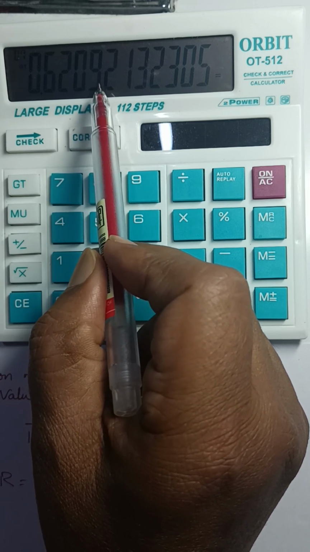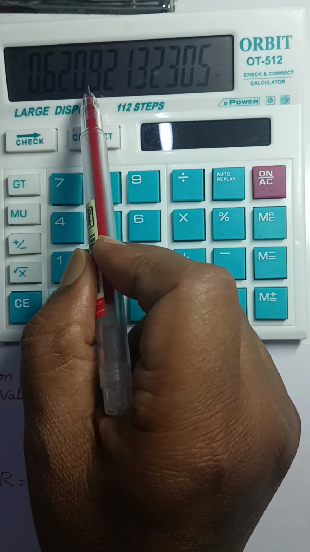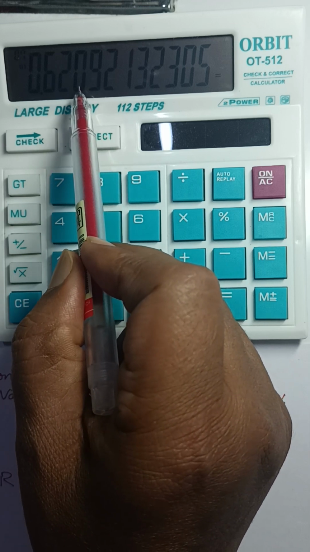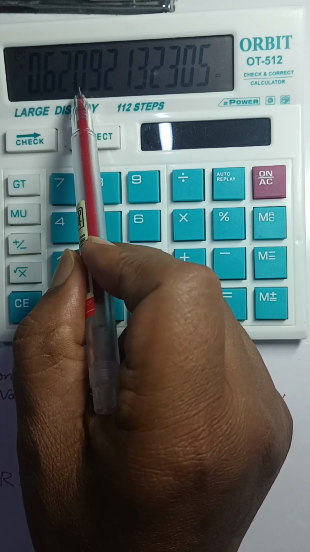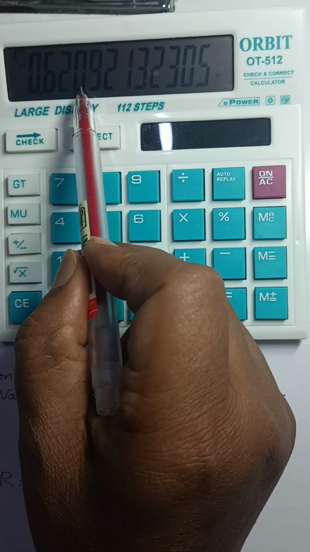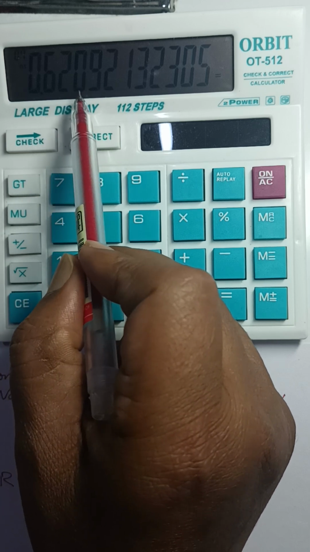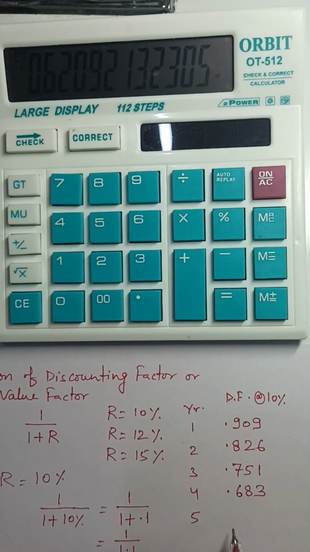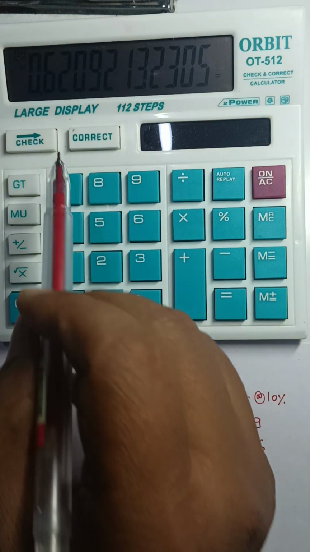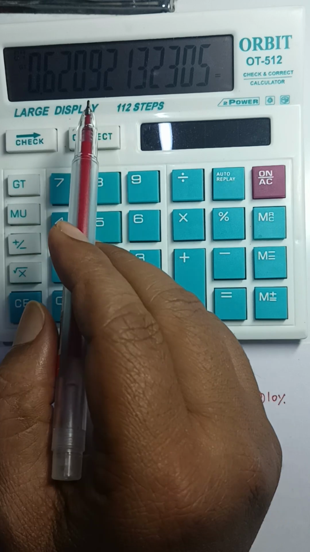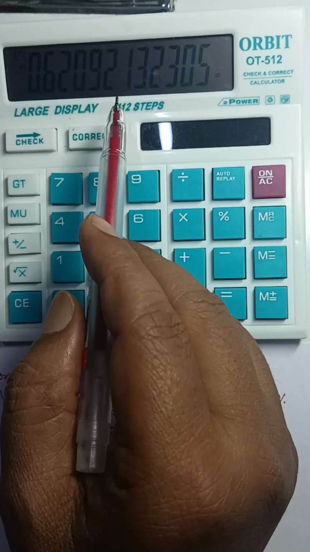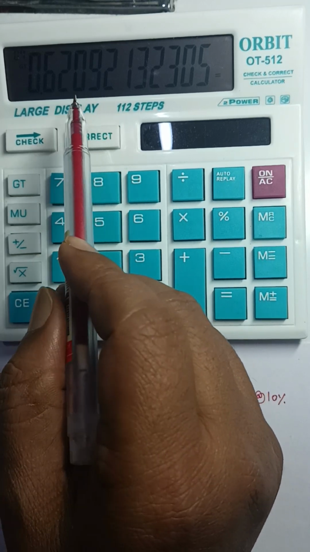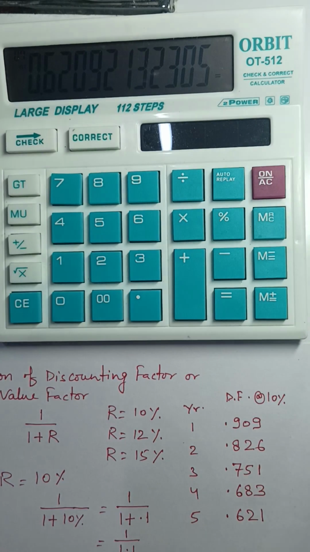So we will add 1 to the third digit, meaning we have to consider the value of the fifth year as 0.621.